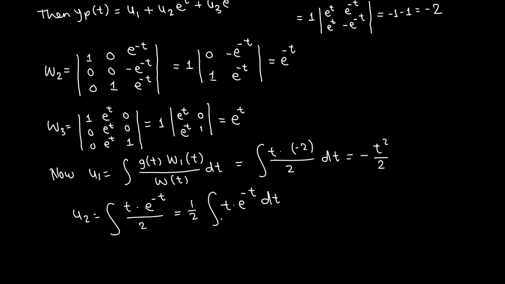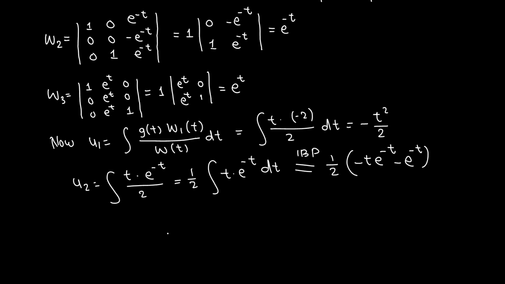Now to determine this integral, we use integration by parts. u is t and dv is the remaining part. By integration by parts, we get 1/2 outside, and this integral is negative t e to the negative t minus e to the negative t.